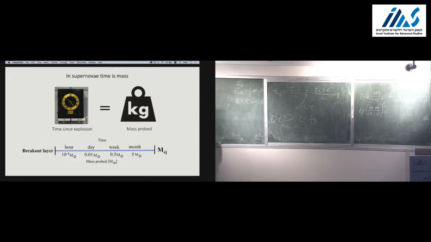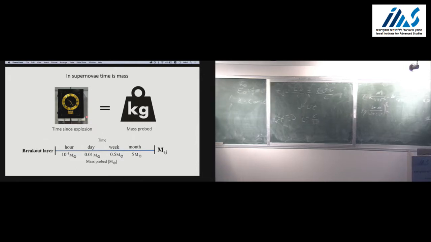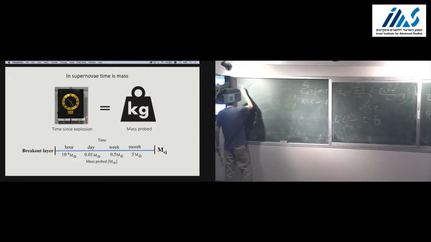So the notation I'm going to use is energy. I will use in units of ergs. So E51 is E divided by 10 to the 51 ergs. Mass, it will be in solar masses. So Mx is M divided by x solar masses. Radii as well. Rx is R divided by x R sun.